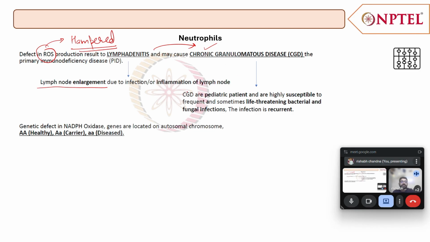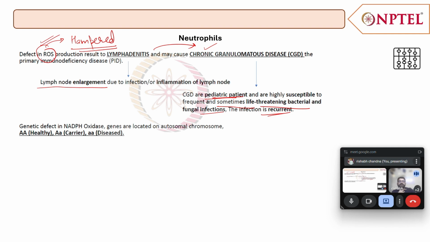And these patients are always pediatric patients. That means they are small and they are highly susceptible to frequent and sometimes life-threatening bacterial and fungal infections, and they can be recurrent. Okay, recurrent meaning that they can be infected again and again by the same pathogen because the ROS production has been hampered.